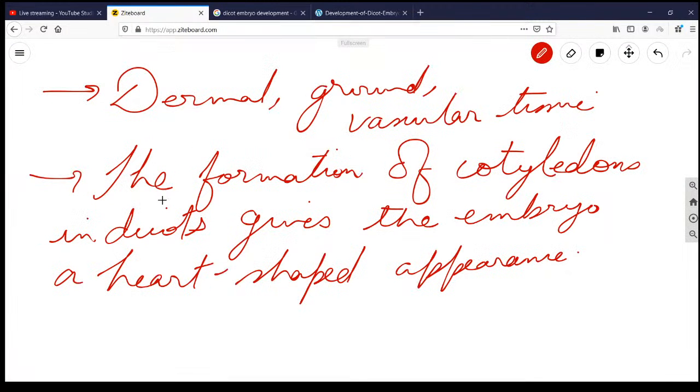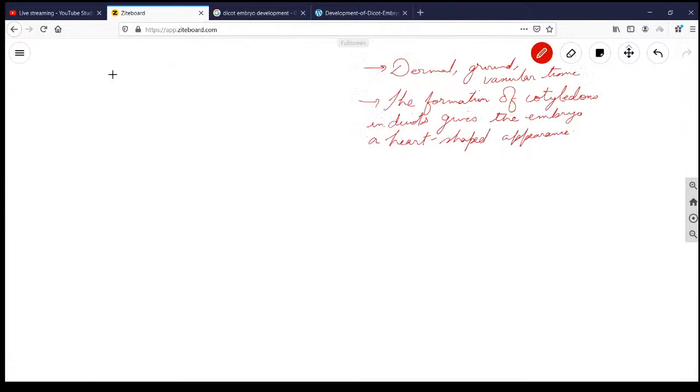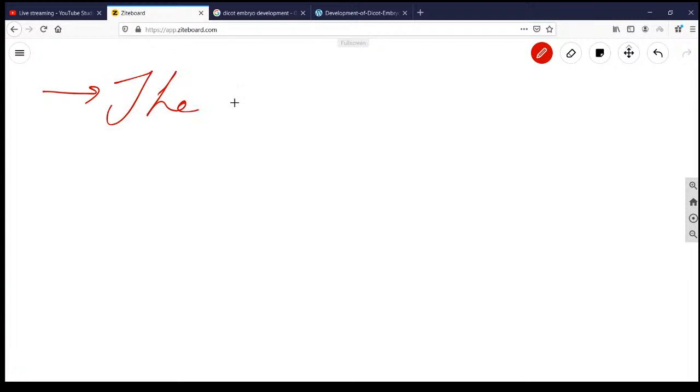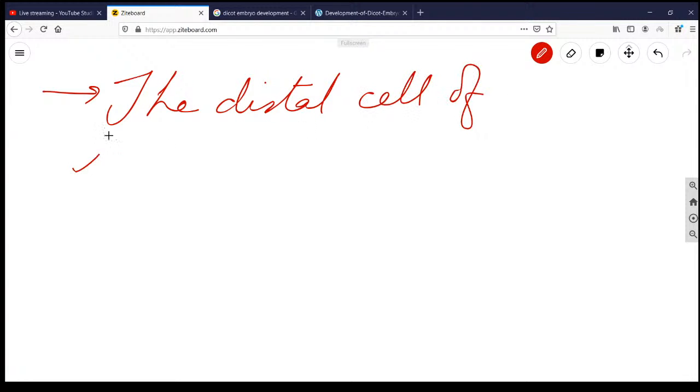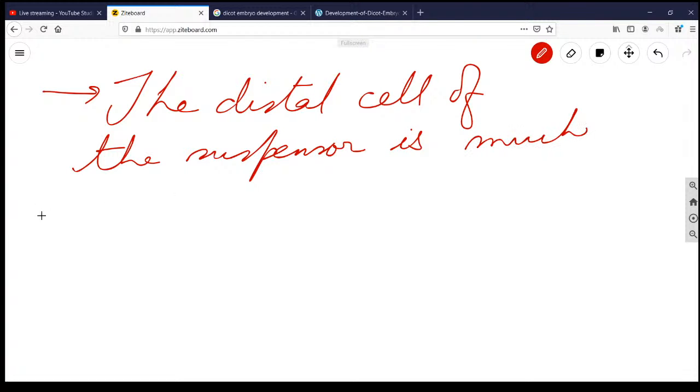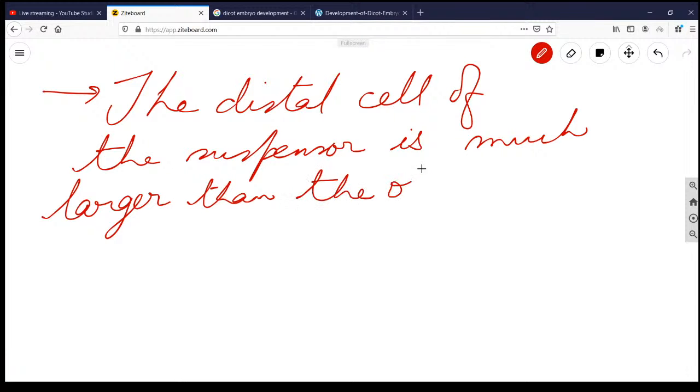And the distal cell of the suspensor is much larger than the other cells, and acts as a haustorium.